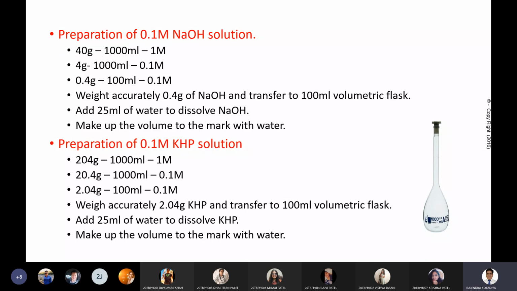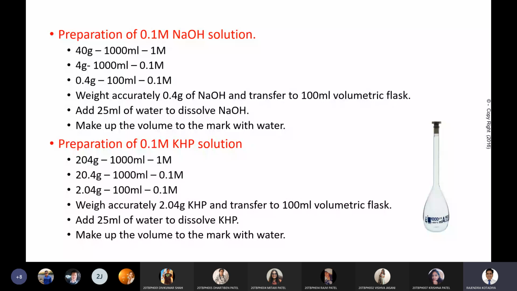Let us take an example of KHP. કેટલું કોન્સન્ટ્રેશન છે KHP નું? 0.1 molar, right? Now it is 0.1 molar and we can determine that it is also 0.1 molar. But in the case of NaOH, when you mention that the solution concentration is 0.1 molar, it is not compulsory that it has 0.1 molar concentration.